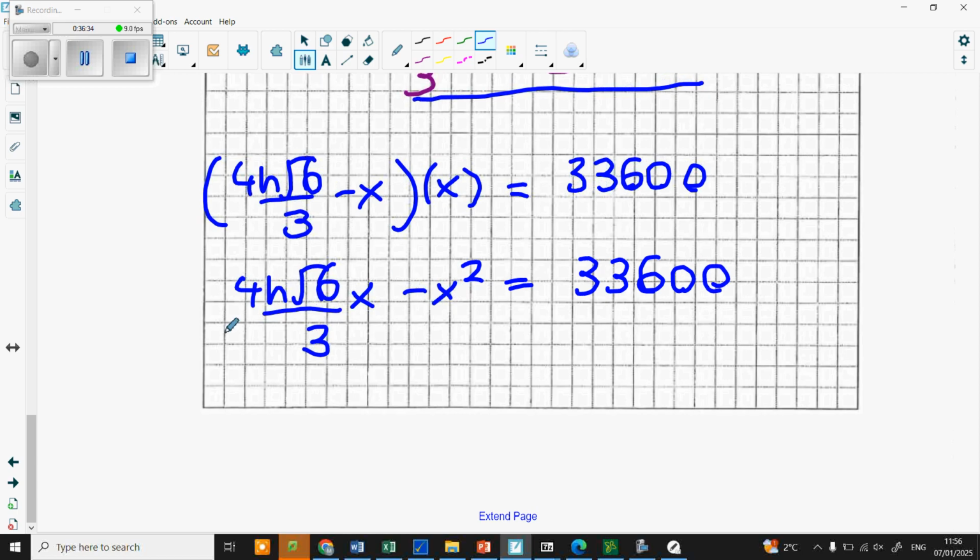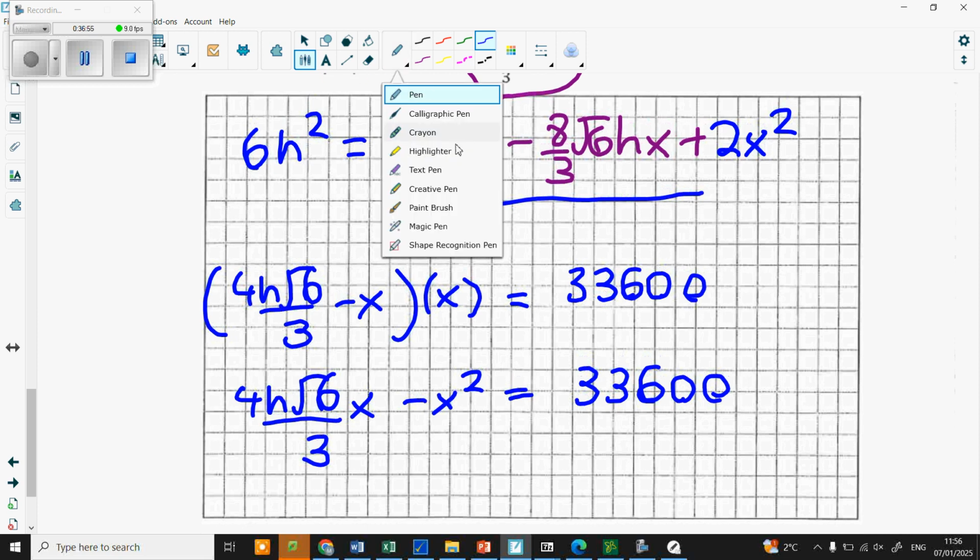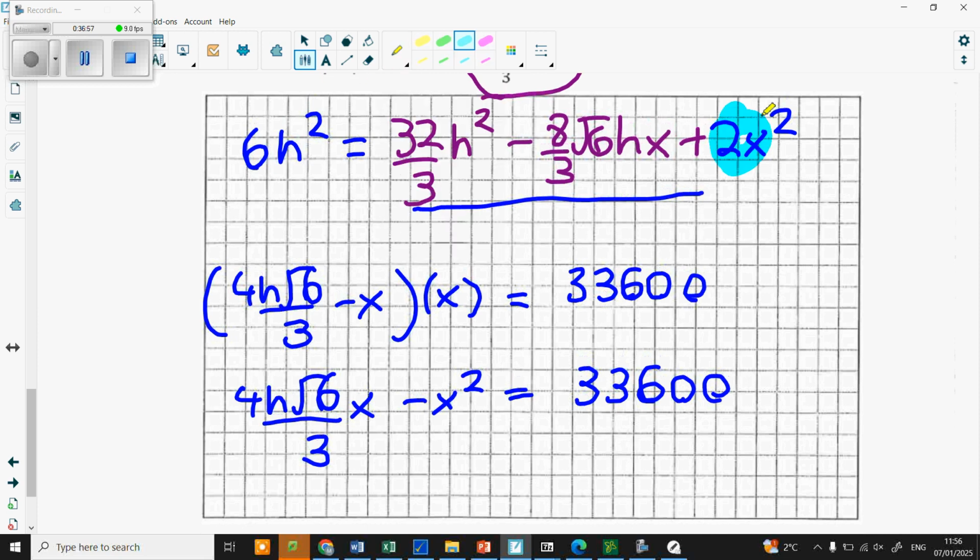I'm going to bring that x squared to the right and double it. Double everything. So it's 2x squared. And I double this, it's 8h root 6 over 3 x. What's double 33,600? 67,200. Just the x? Okay.